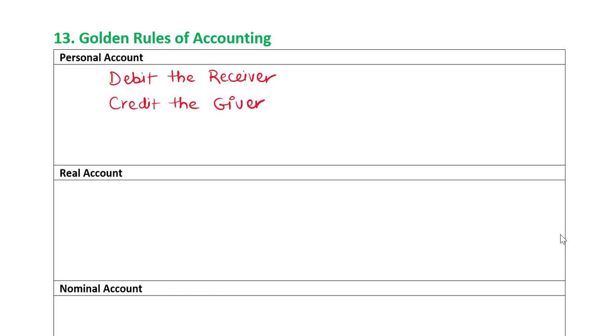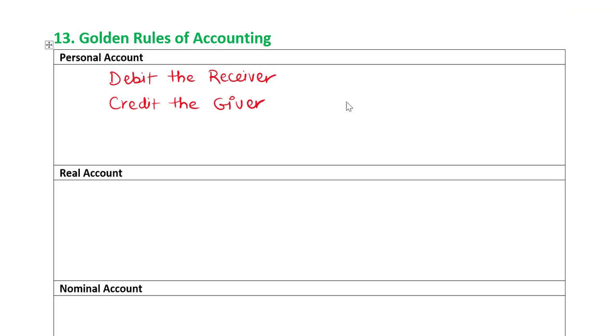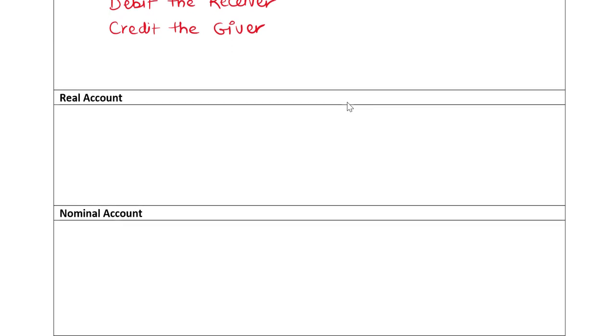Debit the receiver of benefit and credit the giver of benefit. Personal account, I already told you: artificial personal account, natural personal account, and representative personal accounts. Then we have real accounts. The rule is debit what comes in and credit what goes out.